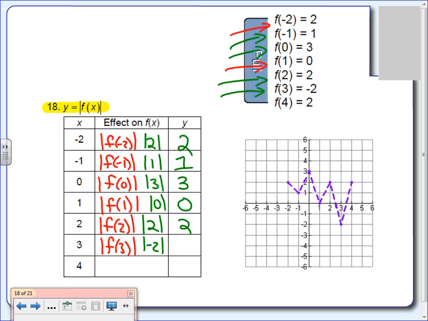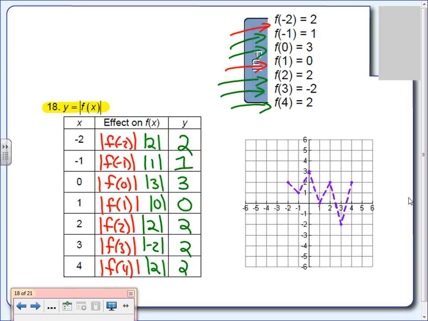Positive 2. And one last time here. 4. f of 4 right here says it's a 2. And what's the absolute value of 2? It's a 2. Absolute value is just the distance from 0, guys. It's always going to end up being a positive value. That's why we keep getting these positive numbers. Notice how this negative 2 turns into a positive 2.